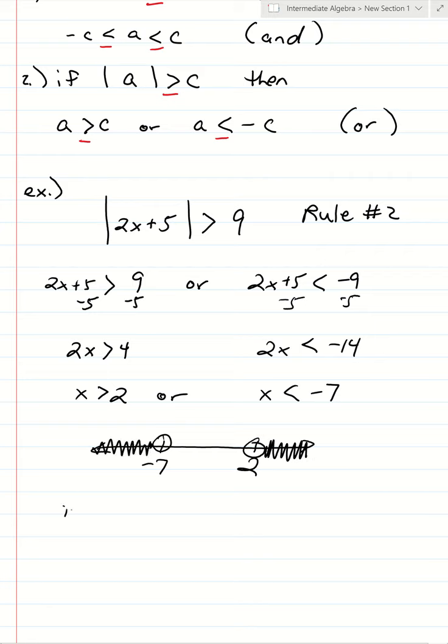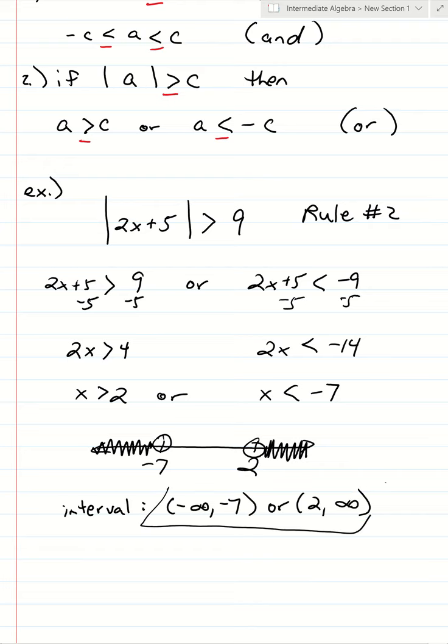But remember, you will be asked to write your answer in interval notation. The interval notation would go from negative infinity to negative 7 with parentheses around it, or from 2 to infinity. That would be your solution to that absolute value inequality.